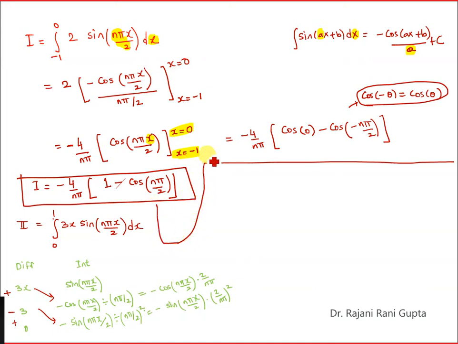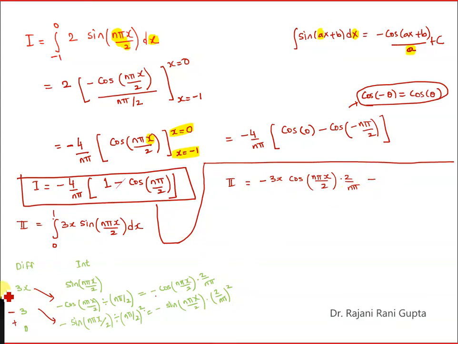So this becomes the second part. 3x, here plus, here minus. So minus 3x cos of n pi x over 2, times 2 over n pi. And then plus minus, again minus.